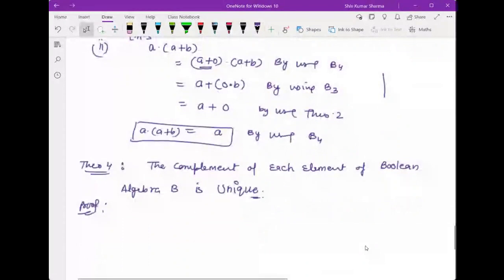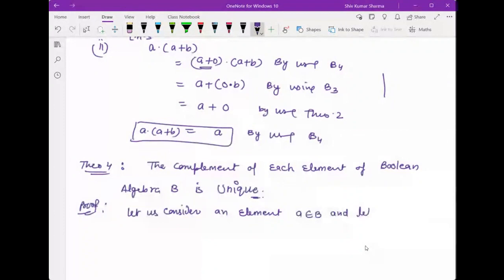So now proving this, let us consider an element A which belongs to the Boolean algebra B, and again let A have 2 complements. We proceed by assuming that A has 2 complements.